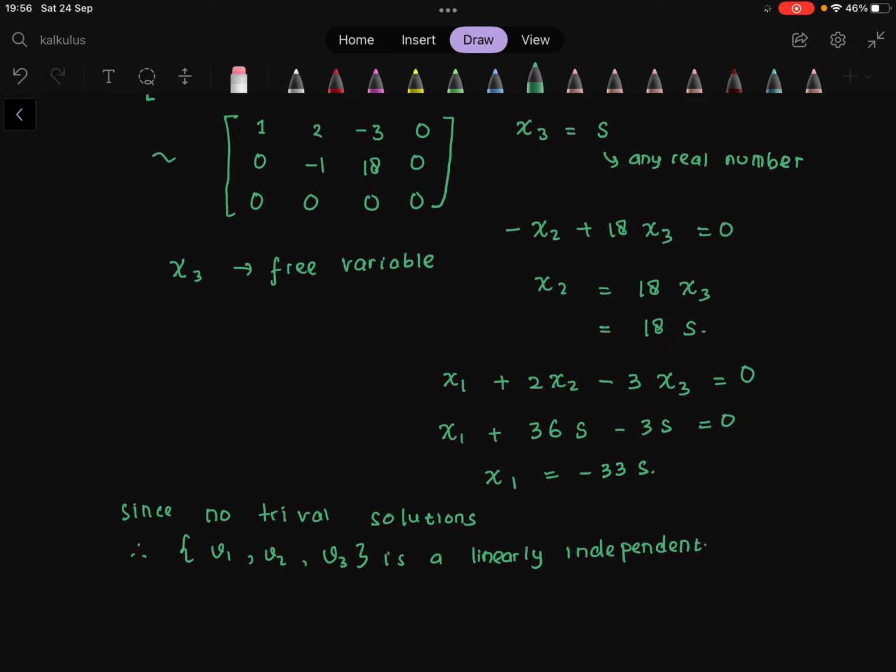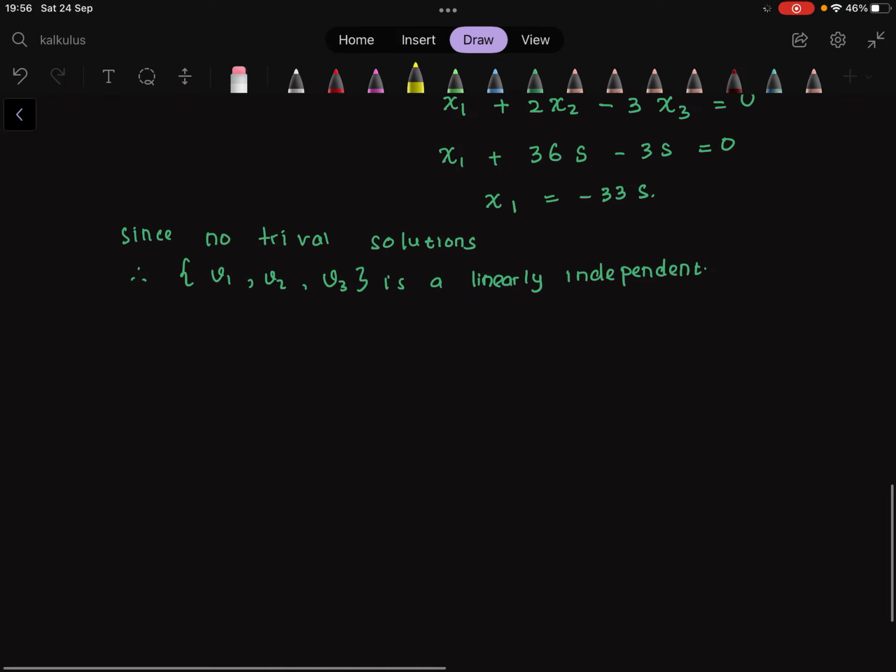Okay, then let's move to the second example. Example 2.